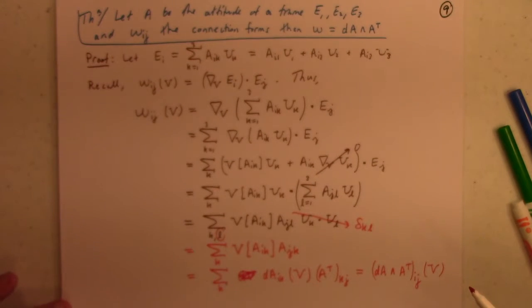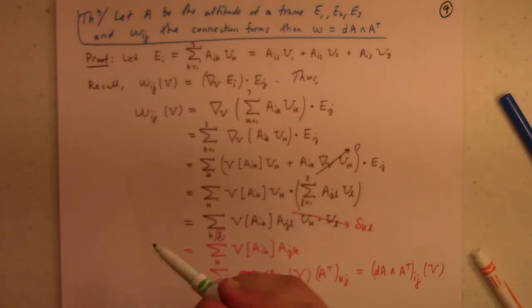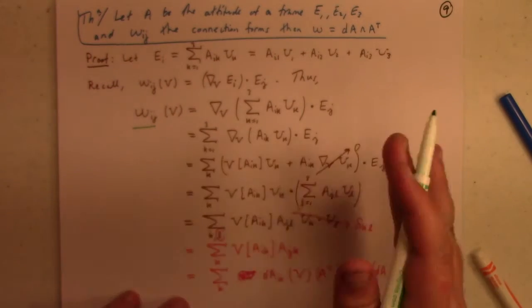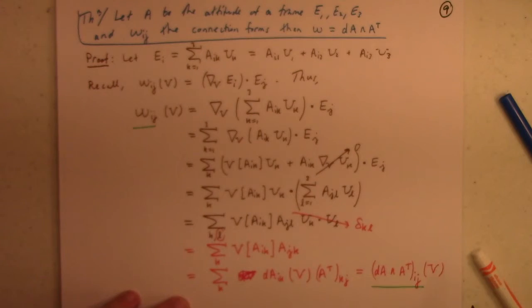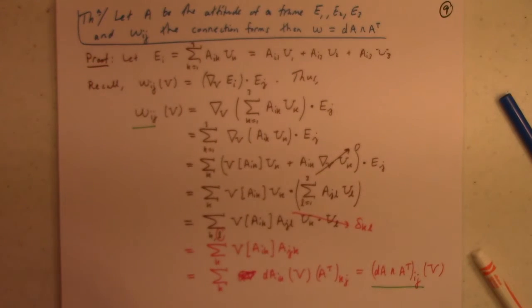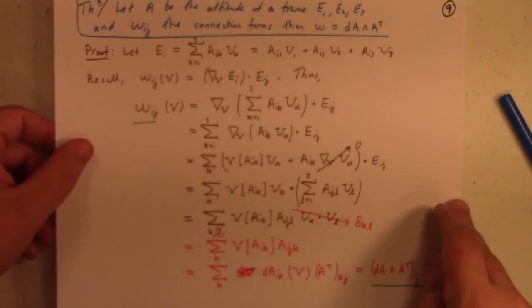But with that definition given, you can see that we have exactly the claimed result. In other words, we can calculate the connection form simply by taking the exterior derivative of an attitude matrix and taking the wedge product with the transpose. That is pretty cool.